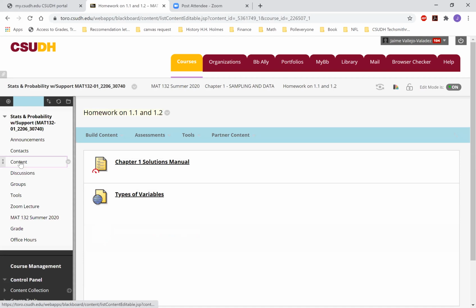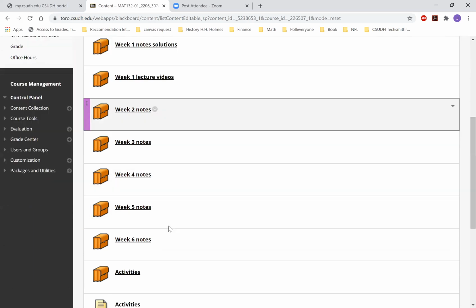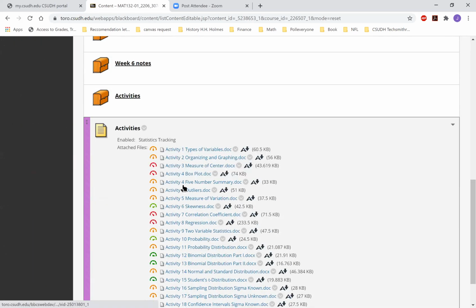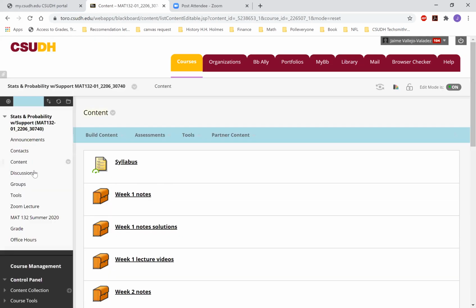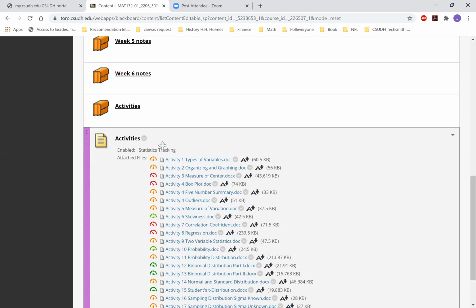All right, so what I want you to do is work on activity number 2 right now. If you're having trouble accessing the activity, I have all of the activities right here. If you go to content, and then go all the way to the bottom, it says activity, and all of the activities are right there.